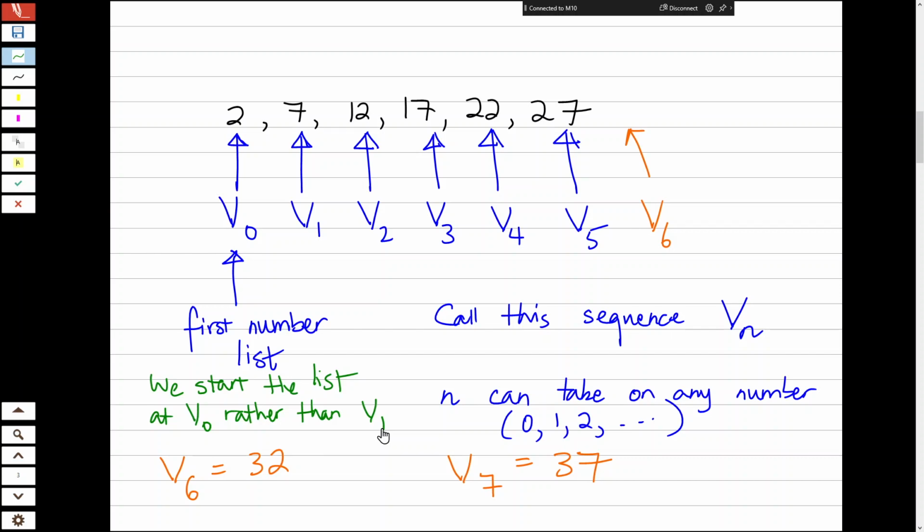Normally we talk about the first number in a list, right? We don't refer to the number 0 in a list. The reason why we use V0 rather than V1 at the start is actually going to make our life easier. The formulas will be easier. So I'll show you why maybe next term. But just remember for now, you're starting the list at 0 rather than 1.